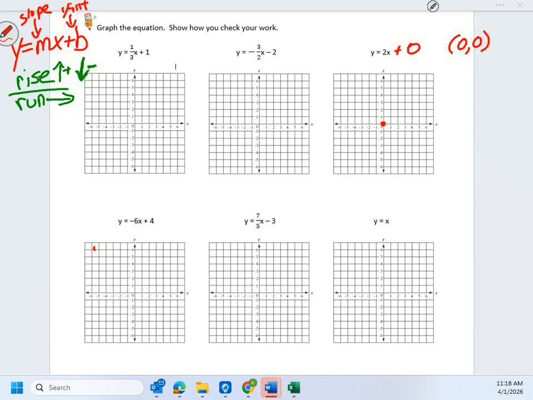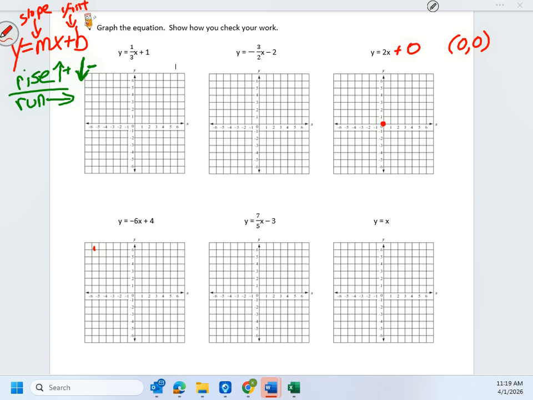If we are multiplying, that invisible number is 1. If we're adding, the invisible number is going to be a 0. Because we don't have to write plus 0. We don't have to write times 1. So always think with my invisible math, what is missing, and fill it in. So that way, it makes it easier when you're finding your y-intercept, when you're finding your slope.